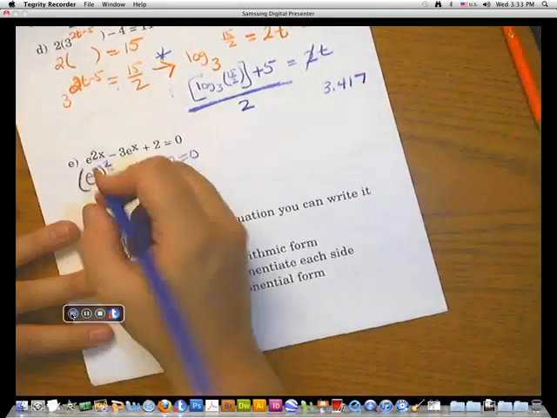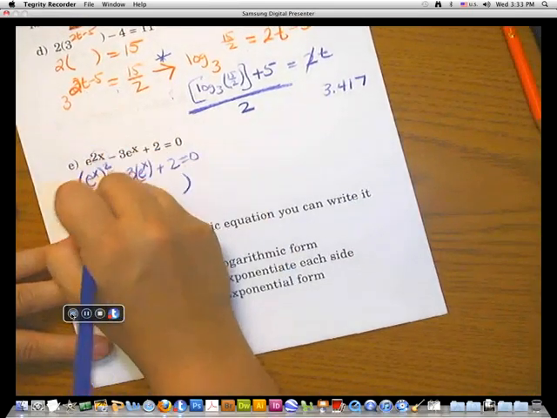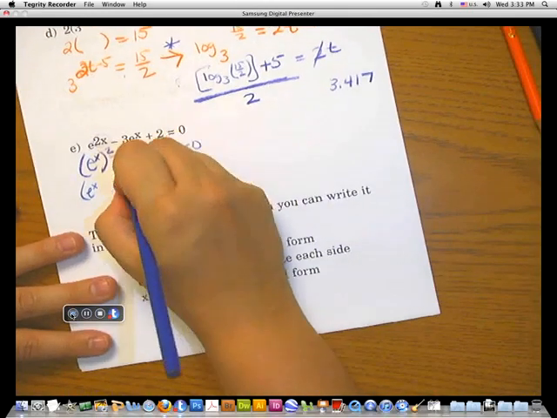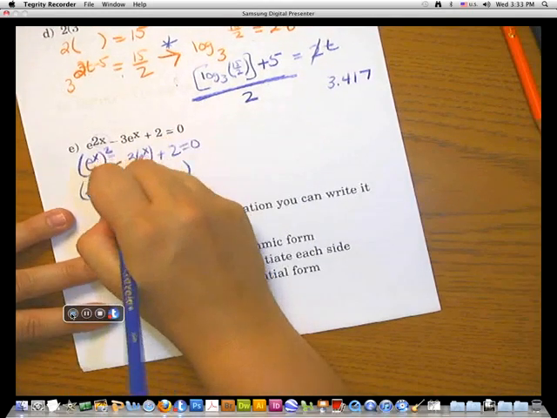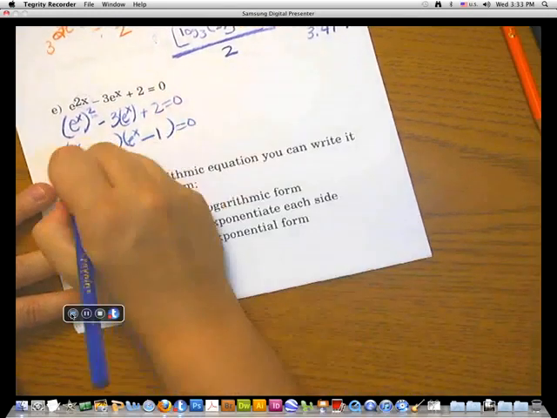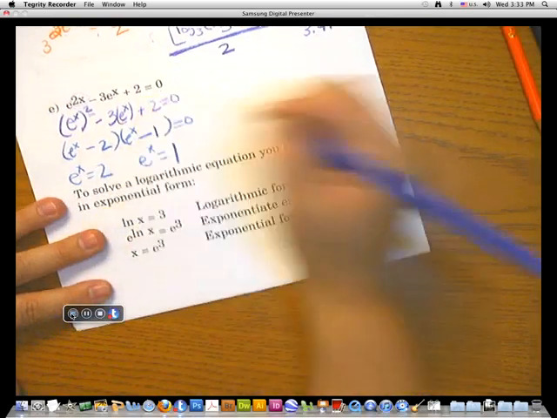Now when you factor this, e to the x squared can only be e^x times e^x. What multiplies by 2 and adds to be negative 3? Well, that's negative 2 and negative 1. So e to the x is 2 and e to the x is 1.